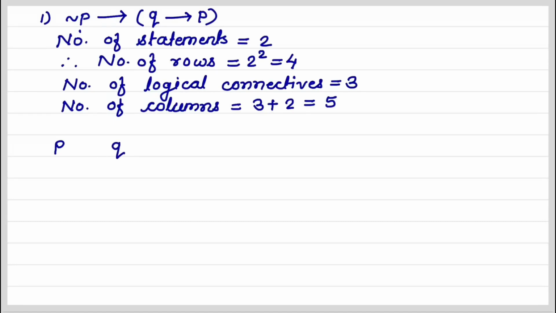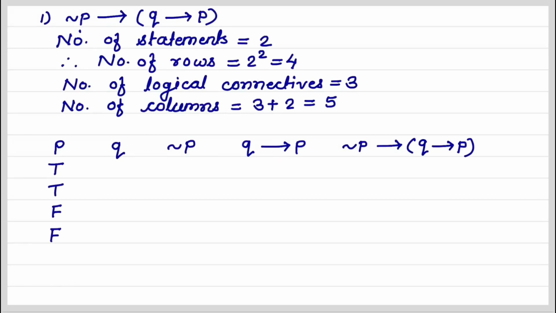Now we will prepare the truth table. First column P, second Q, next column for negation of P, and then we will take this bracket Q implies P, and last column is the whole statement pattern, negation of P implies Q implies P. Here 4 rows, 1, 2, 3, 4, and for P we will take 2 values true and 2 values false, and for Q we have to take alternately true false.